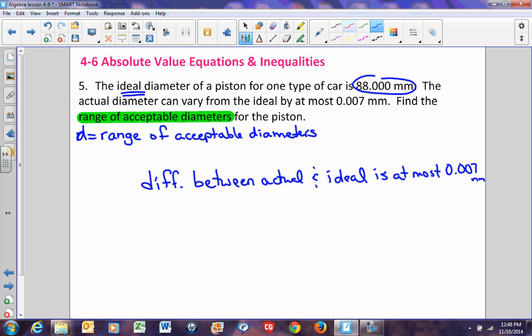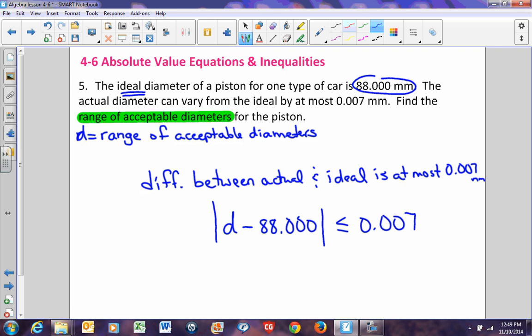So the actual diameter is D minus the ideal diameter, 88.000, and yes, we need all those zeros. Since the difference can be at most that, it could be off by 0.007 in the positive direction or the negative direction, so this becomes an absolute value. At most means less than or equal to, and the most it can be off is 0.007. So there's our inequality.